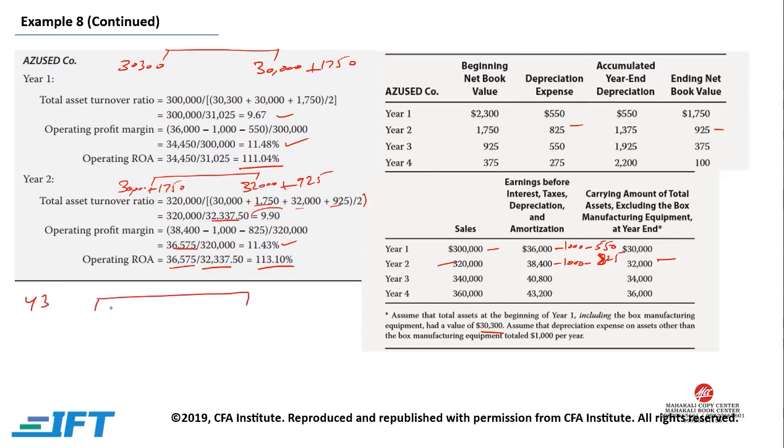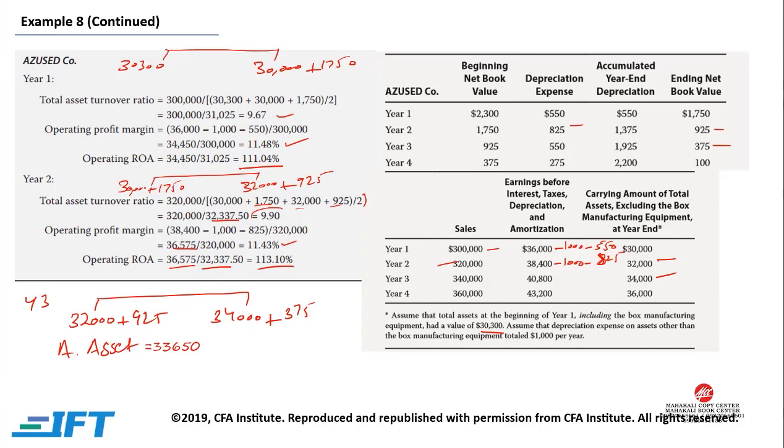Now for year 3, we need to first find out your average assets. So we start with 32,000 plus 925, and we end up with 34,000 plus 375. Your average assets would be 32,000 plus 925 plus 34,000 plus 375 divided by 2.